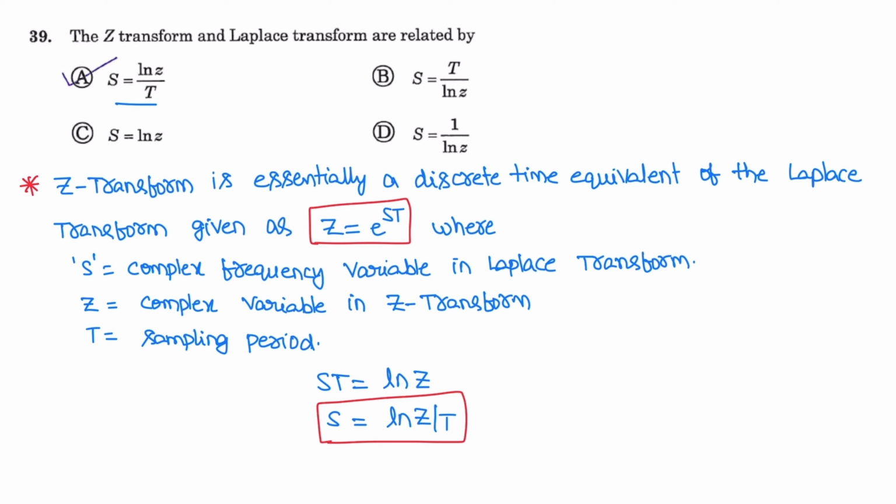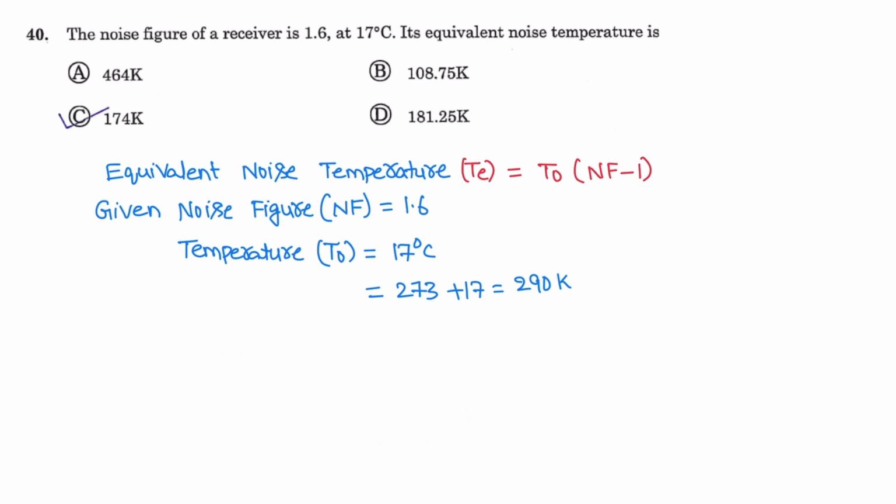The noise figure of a receiver is 1.6 at 17 degree centigrade. So here it is given in centigrade. So convert this centigrade into Kelvin. Add 273 degrees. So 273 plus 17 degrees gives 290 Kelvin. In the question they have asked equivalent noise temperature T = T0 × (noise figure − 1). The noise figure is 1.6.